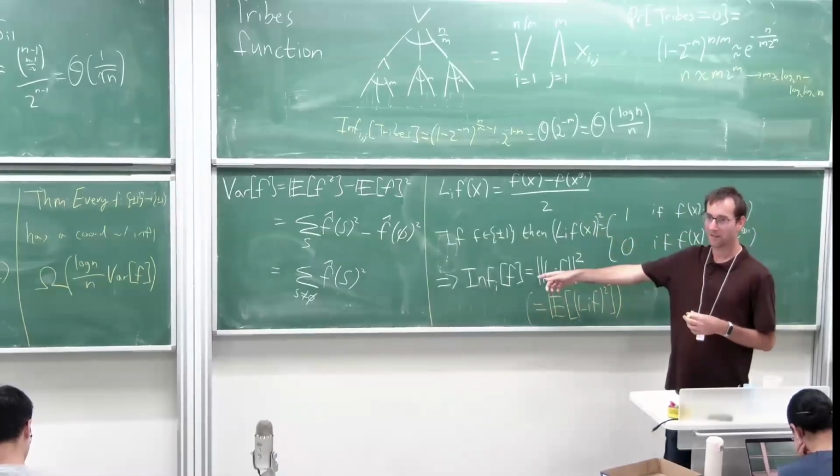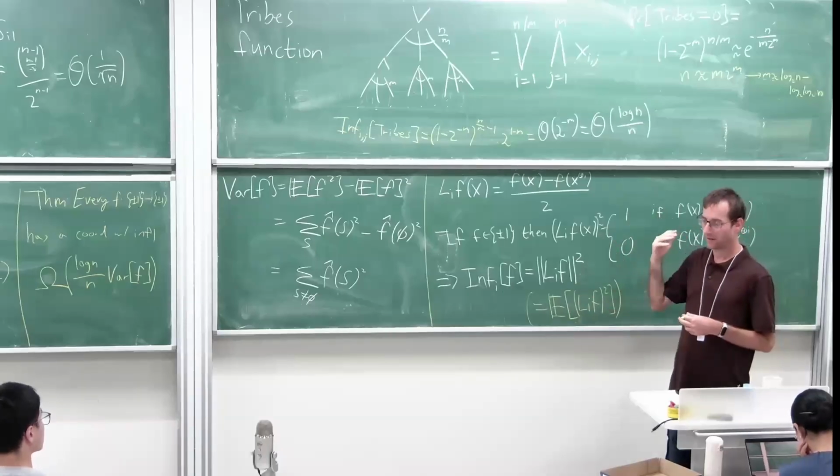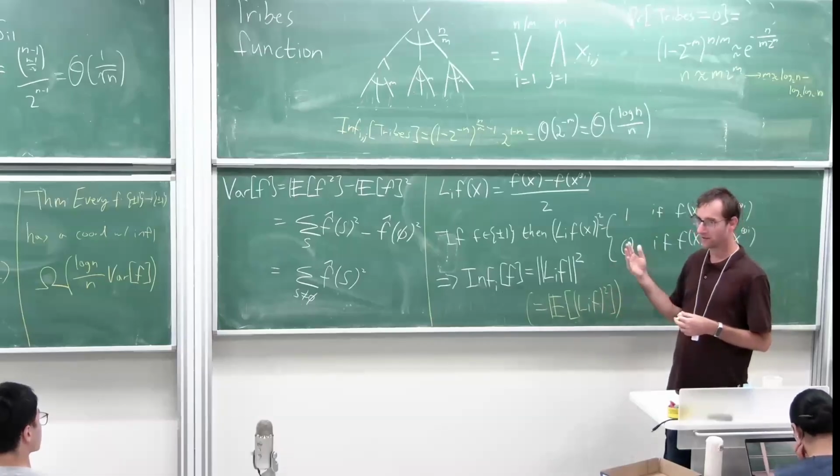This definition makes sense for arbitrary functions. It coincides with the earlier definition when f is Boolean, but it makes sense for arbitrary functions, and it will also allow us to give this nice Fourier formula.